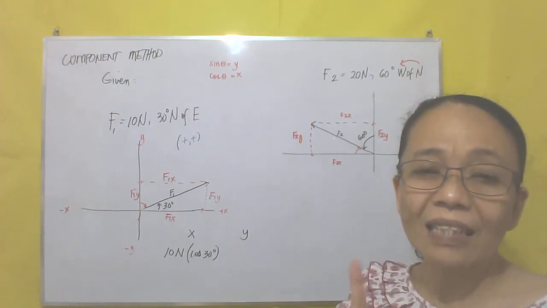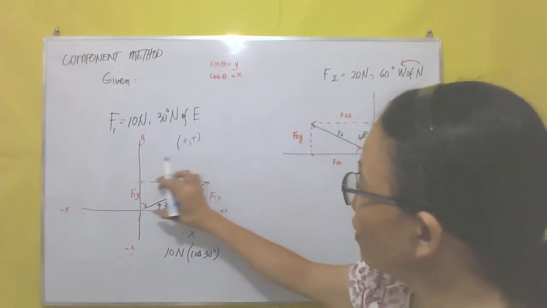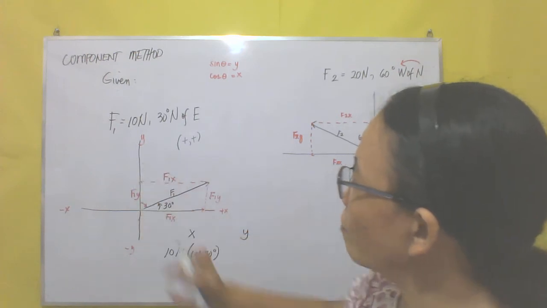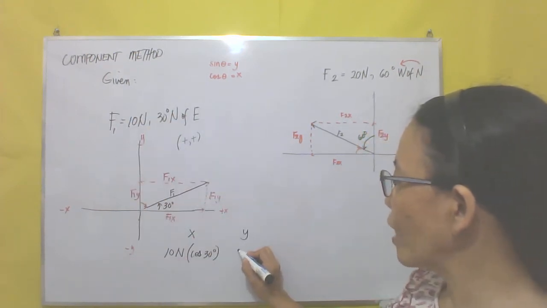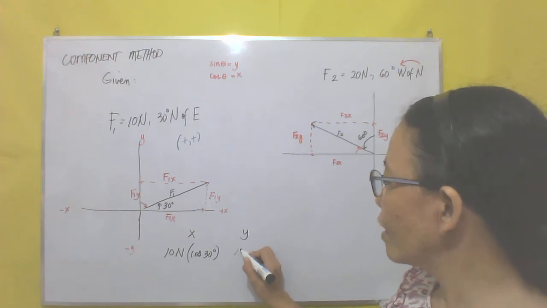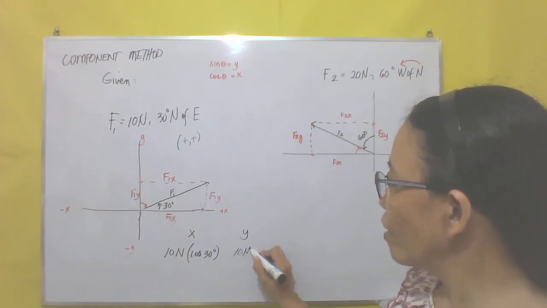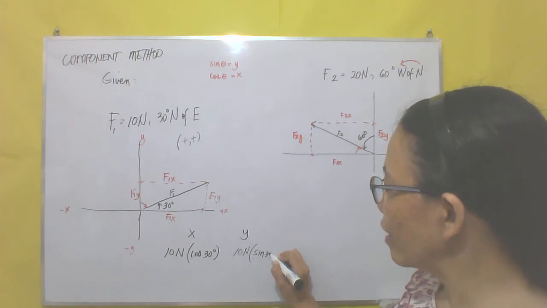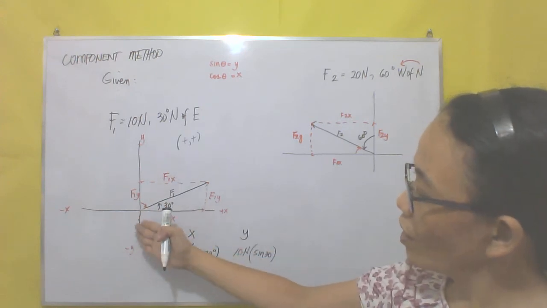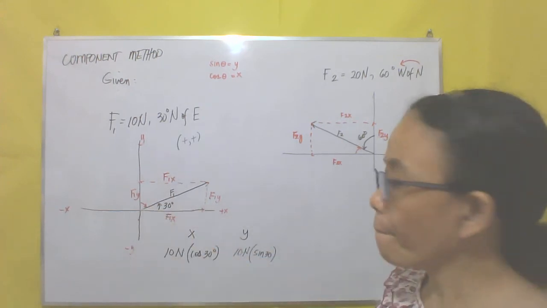Then for the y component, F1y is parallel to the y-axis. So for the y component, still positive 10 newtons times sine 30 degrees. Okay, so this is for our F1.